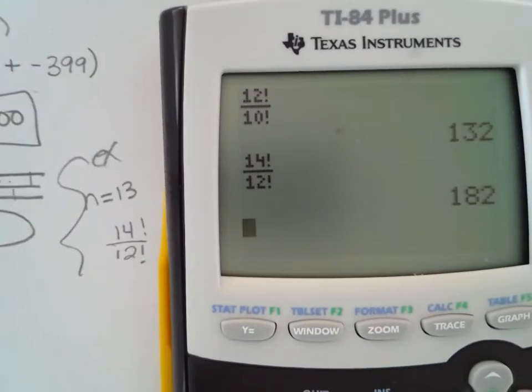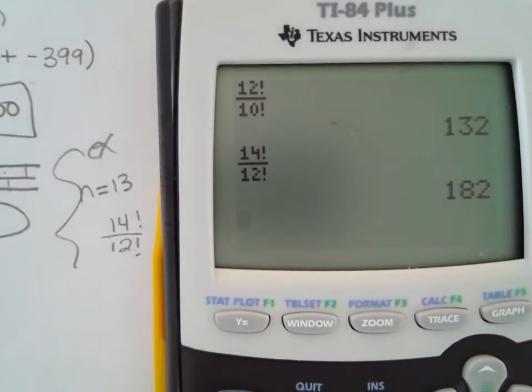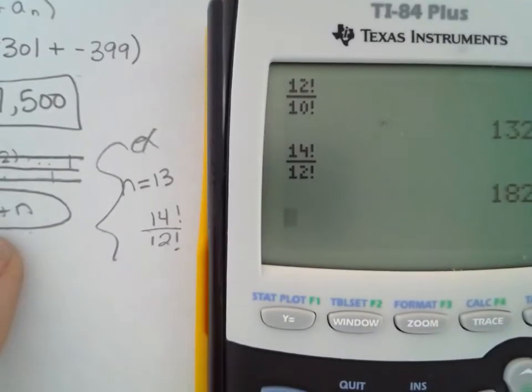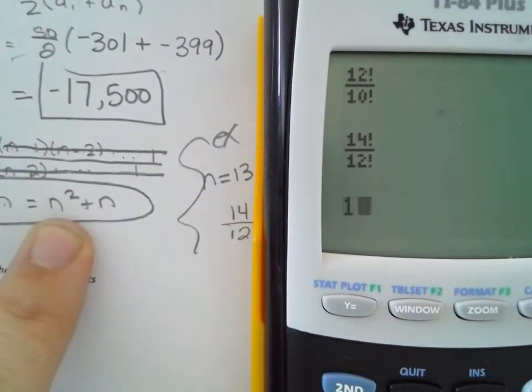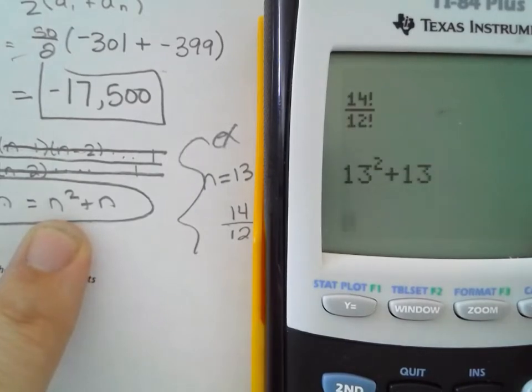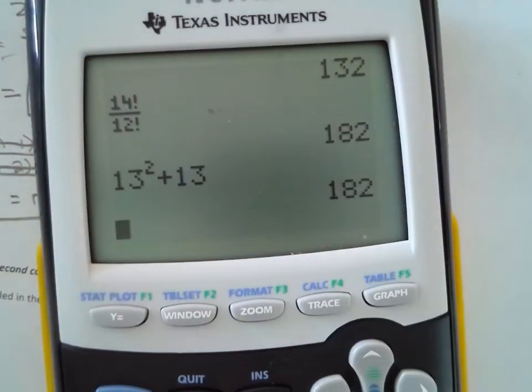I get 182. Okay? Well, now I'm going to plug that in and see if I get exactly the same thing. Over here, my n was 13, so 13 squared plus 13. Those match. So I've got an example that proves that I'm right. So you can pick a number. You can't put the n's in your calculator, but you can choose a random n and figure out what that would be.